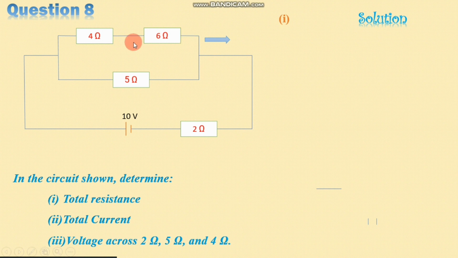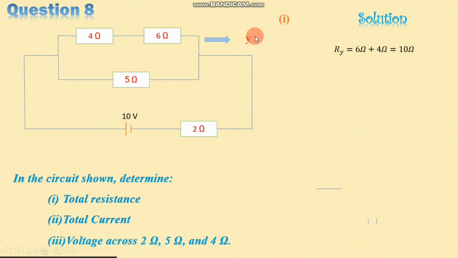So applying that formula, current times the total resistance will be equal to current times the 4 ohm resistance plus current times the 6 ohm resistance. But because current is the same, we factor it out, then we get the total resistance will be equal to the 4 ohm resistance plus the 6 ohm resistance, and that one will give us 10 ohms.